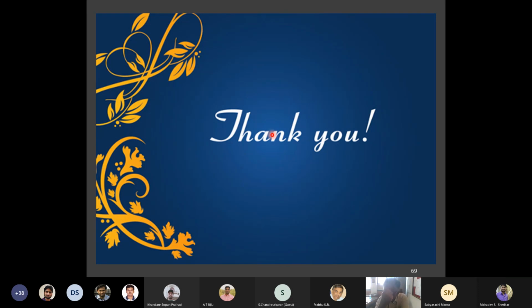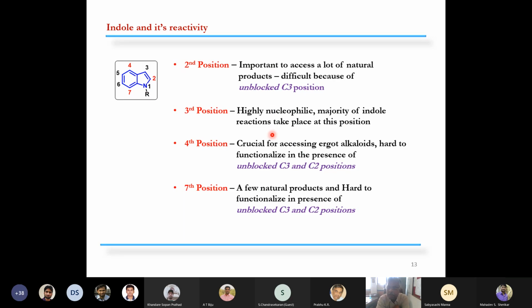I have a few questions. Can you go to slide number 13? You said that the fourth position and seventh position are crucial for accessing how to functionalize the unblocked C3 and C2 positions.